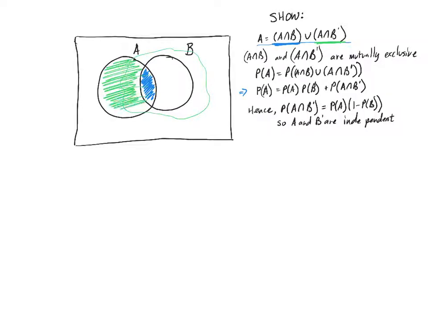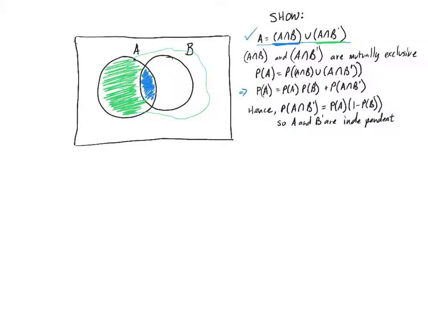Okay, the overlap there is not part of it because that's inside B. All right, so what we can see is that the circle of A is equal to the union, or the combination, of A intersection not B and A intersection B. So that's the first one shown.